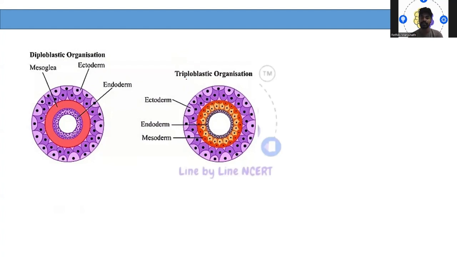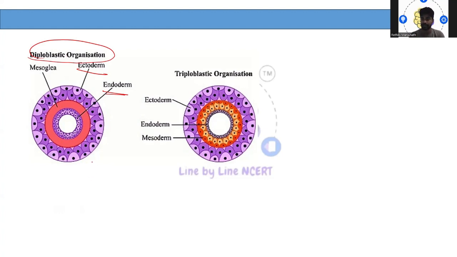First, we need to know that in some animals the cells are arranged in two embryonic layers: the external layer is called ectoderm and the internal layer is called endoderm. Animals having the external ectoderm and internal endoderm are said to have diploblastic organization, and the animals are called diploblastic animals.